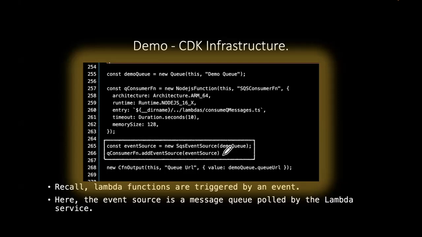The second line is where we connect this event source with our Lambda function, as in we add an event source to this Lambda function. So it's a two-step process to connect them up. Recall Lambda functions are triggered by an event. Here, the event source. Well, I've already said that really.